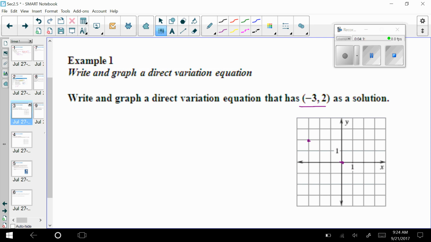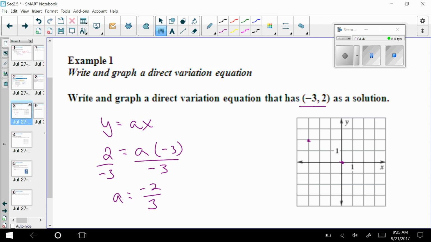But when it gives us a solution like this, and we have the formula for our direct variation model, y equals a times x, we look at the y value, which is 2. We can say 2 equals whatever the constant of variation is times -3. And then we can solve for that constant of variation, or solve for a. So our a equals -2/3.